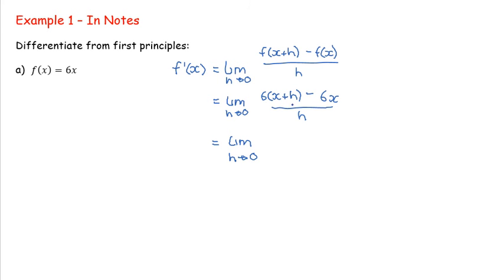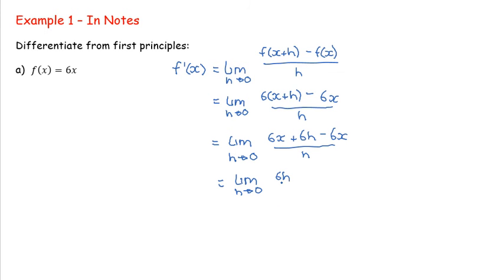Now, I can simplify this top line, so I can multiply out the bracket, 6x plus 6h minus 6x all over h, and you maybe see where I'm going here. Continuing that down, the limit as h tends to 0, the 6x's will cancel on the top line, leaving me with just 6h.